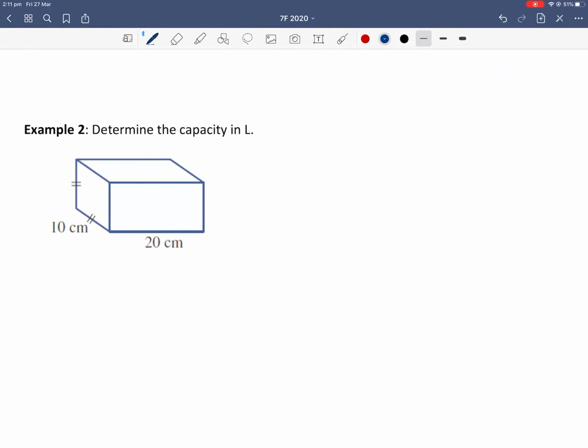Example 2, determine the capacity in liters. We need to backtrack to volume first. We need to first find the volume of this rectangular prism, this box. Then we need to do our unit conversions. Start off with your default formula. Volume of a box is length by width by height.